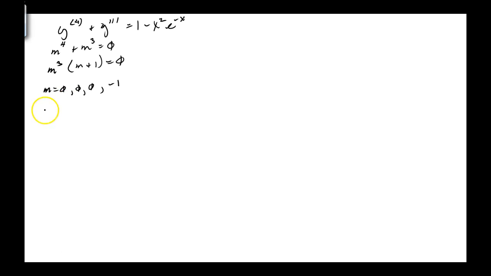Yeah, so y sub c is equal to C1 plus C2x plus C3x squared. Those are your three you get from your 3 zeros.